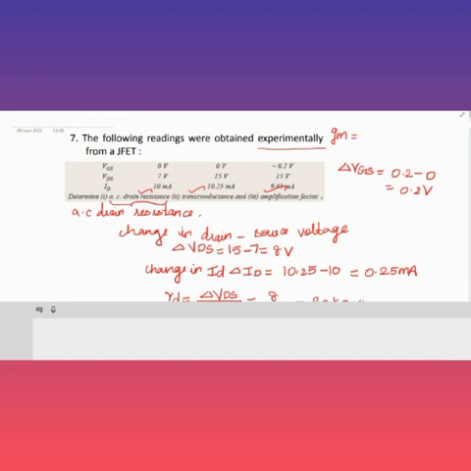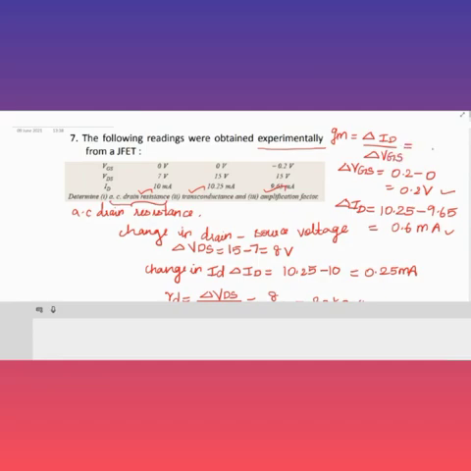And my del ID is reducing from 10.25 to 9.65, so I'll be getting the answer as 0.6 milliamps. Now I'm going to substitute these two values in my GM formula, which is del ID by del VGS.